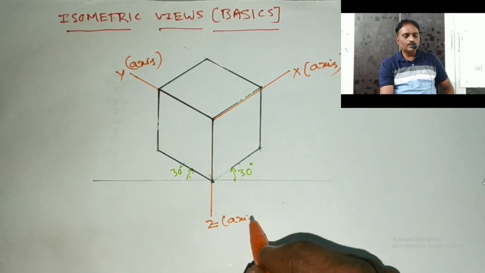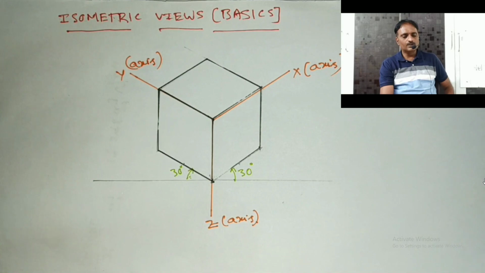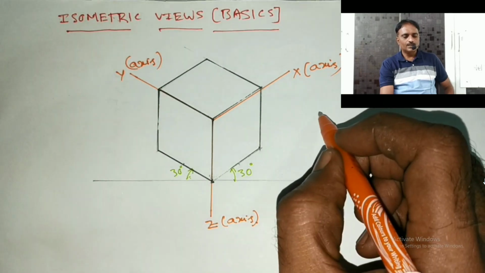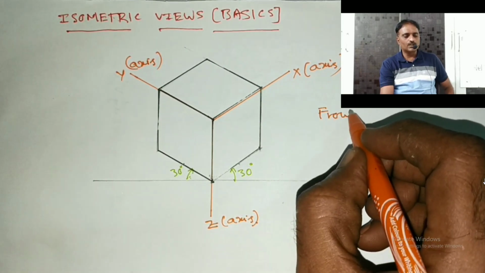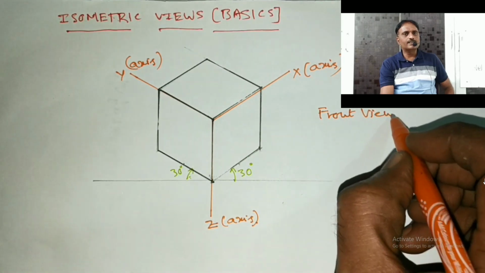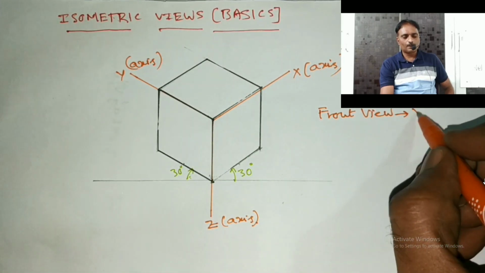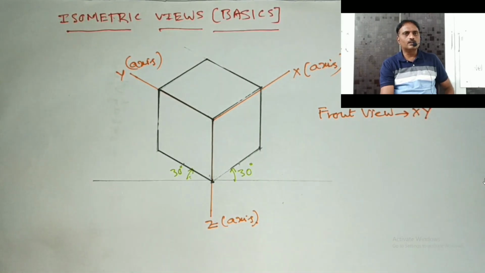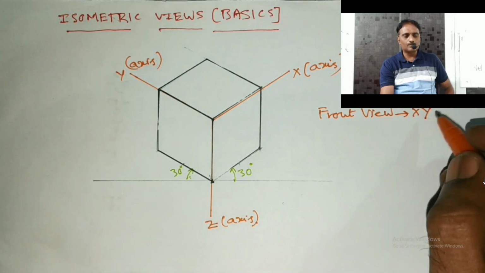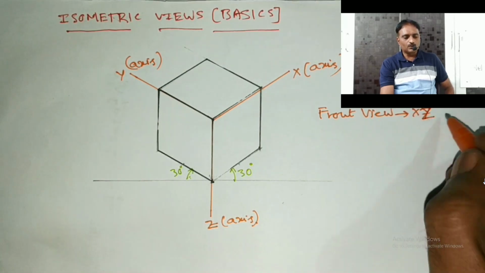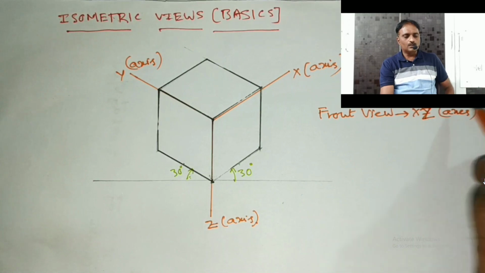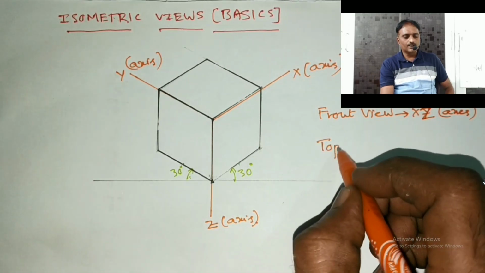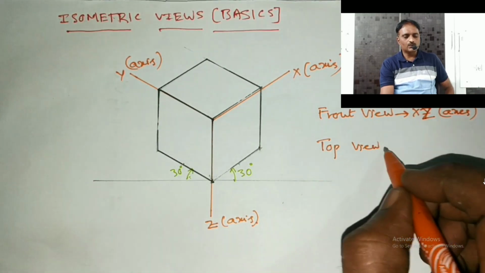Whenever we observe from the front side, that is the front view, we are going to have the x and the z axis, or we can consider that as the xz plane. And from the top view, we will have the x and y, or xy plane.